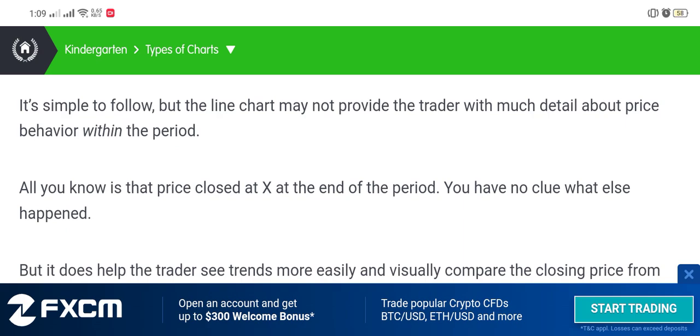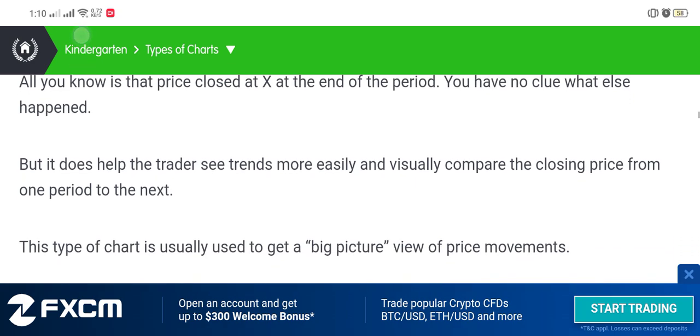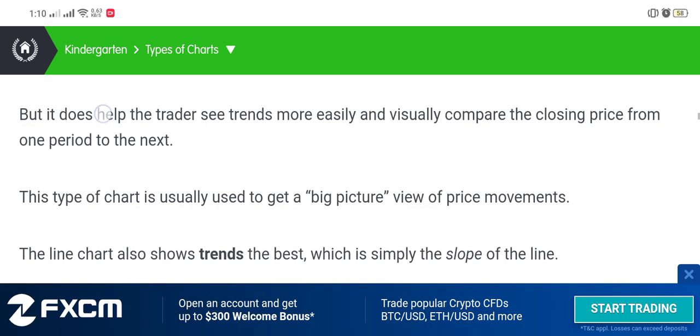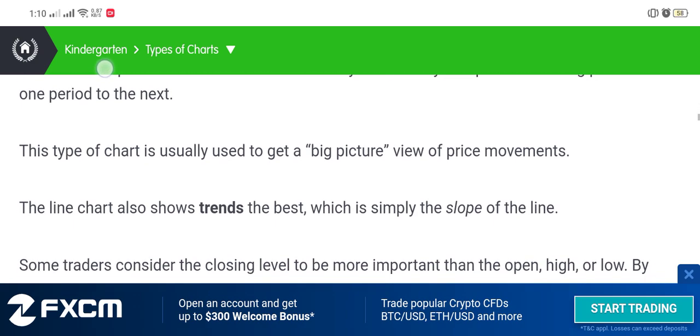All you know is the price closed at X at the end of a period. You have no clue what else happened, but it does help the trader to see trends more easily, visually comparing the closing price from one period to the next. This type of chart is usually used to get a big picture view of price movements.